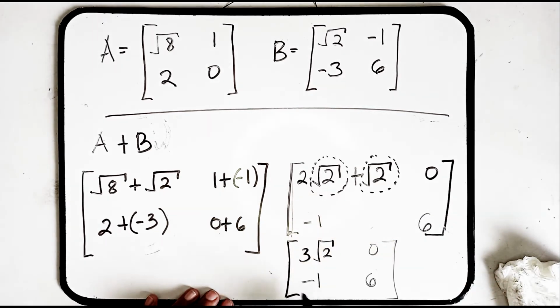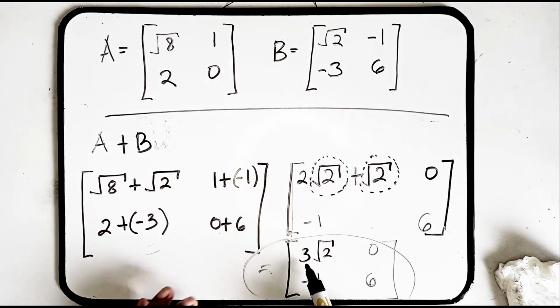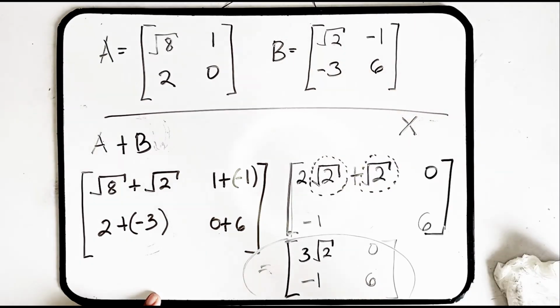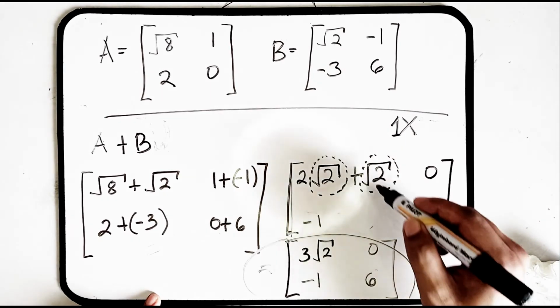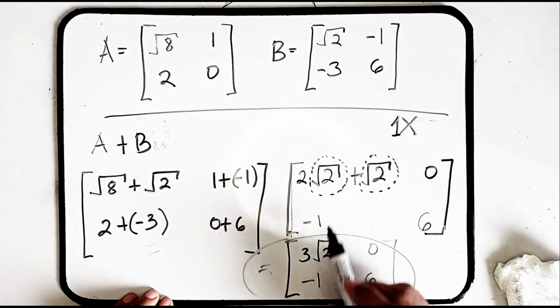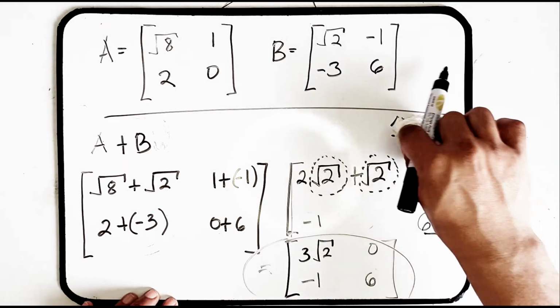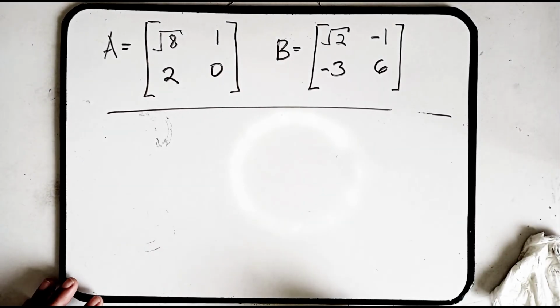So there you go, this is now the final answer. So why did we get 3 here? Because we have an invisible 1 here, just like with your variables. When we say x, always consider that there is an invisible 1. So 2 plus the invisible 1 becomes 3, and then we just copy the 2 inside of the radical symbol.